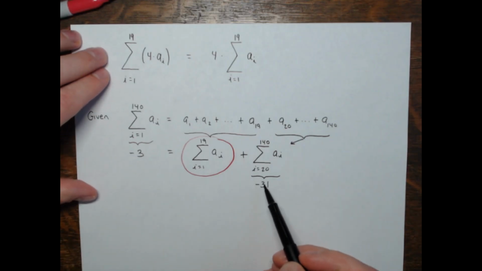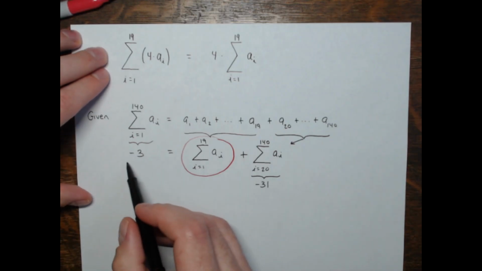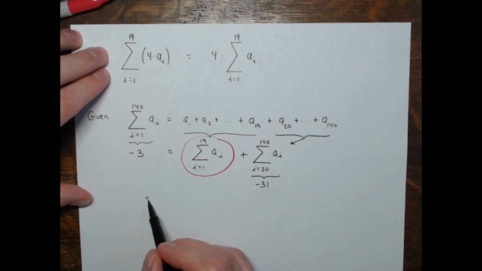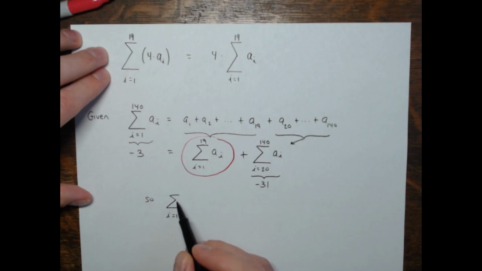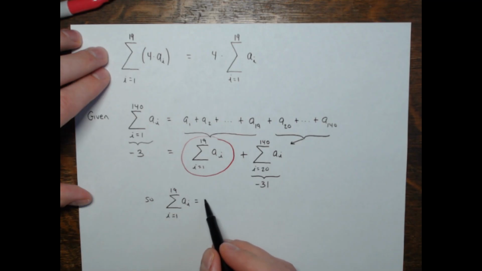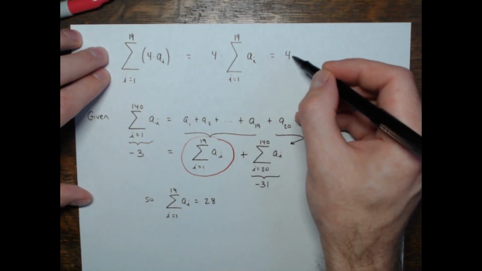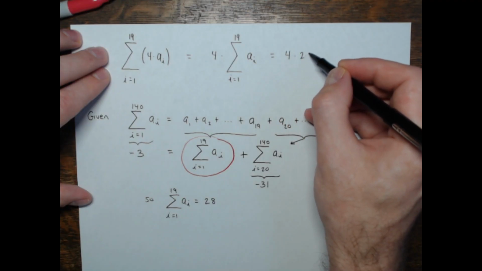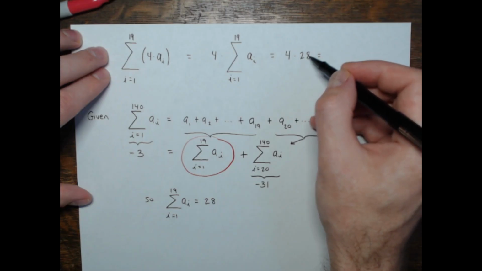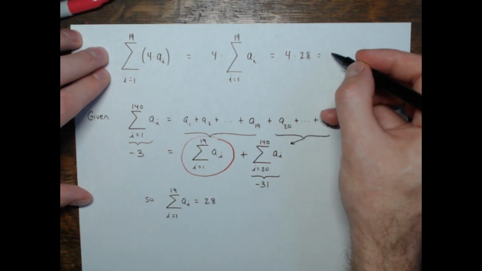This is plus -31, so if I add 31, we get -3 plus 31, that's 28. So this sum from i equals 1 to 19 of these a sub i terms would be 28. And that's going in my expression up here. So this is 4 times 28, which is 80 and 32.